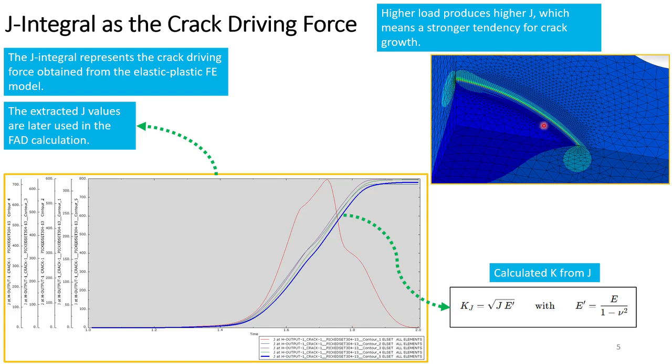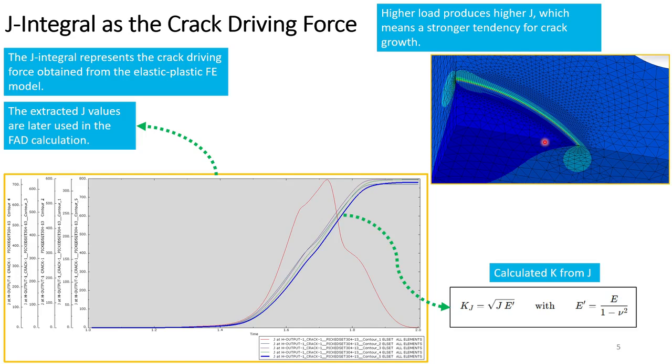In this tutorial, I use Abaqus for the fracture assessment, but the same general procedure can also be done with other FEA software such as ANSYS or similar tools, as long as they can extract reliable J integral results. After that, the extracted J values are transferred into the Excel calculation sheet, where they are used to build the FAD curve and calculate the final assessment point there.